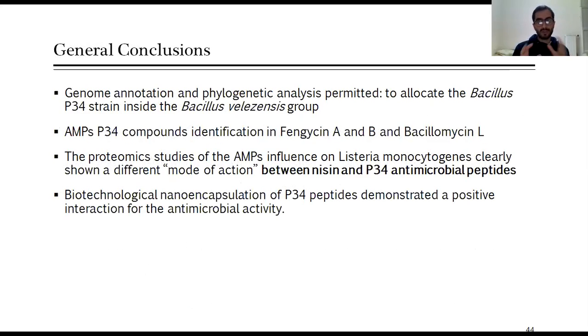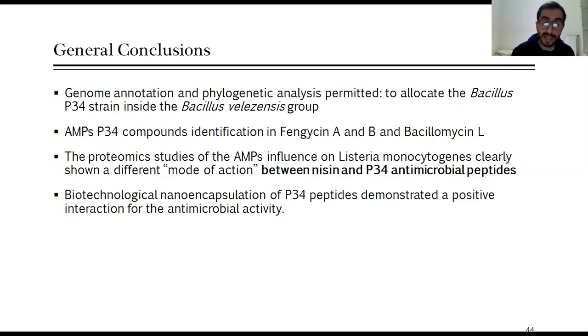So in the partial conclusion of this framework, it's possible to define that the genome annotation and phylogenetic analysis of Bacillus P34 permitted its identification inside the Bacillus velezensis group and the identification of the compounds that the microorganism produced, mostly fengycin A and B, and bacillomycin L in reduced quantity.